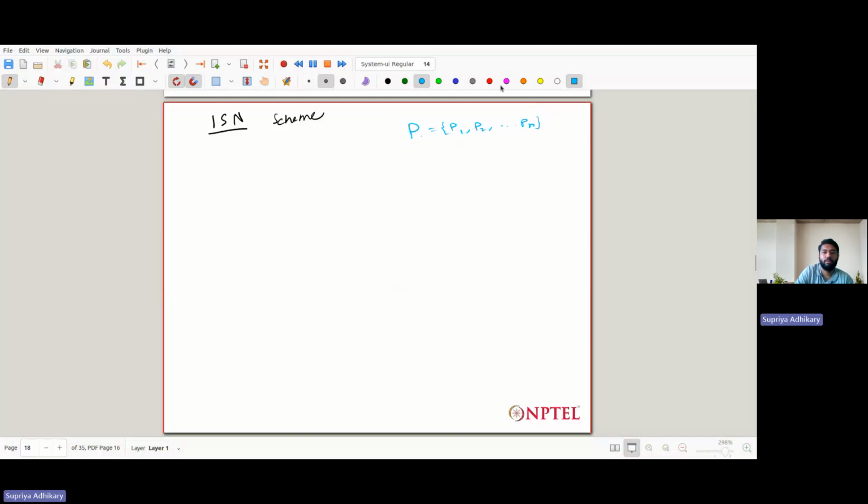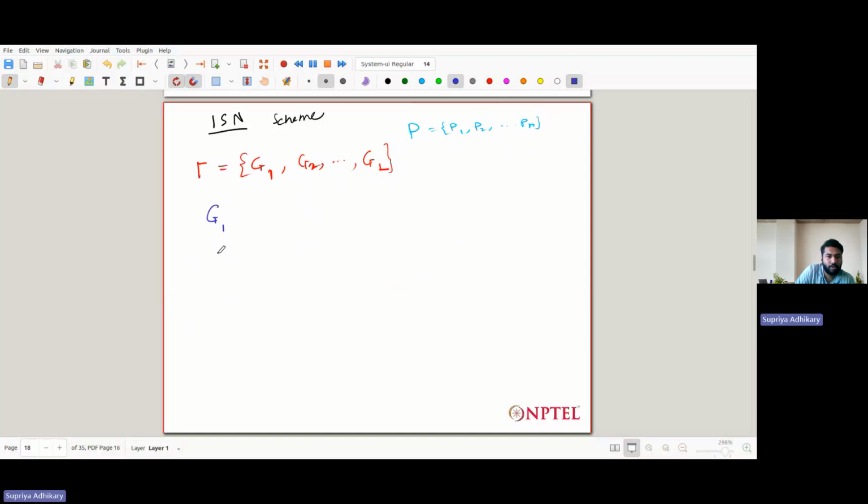This is our set of participants, P. And suppose we have gamma like this, G1, G2 to GL, where L is basically the number of sets in gamma.